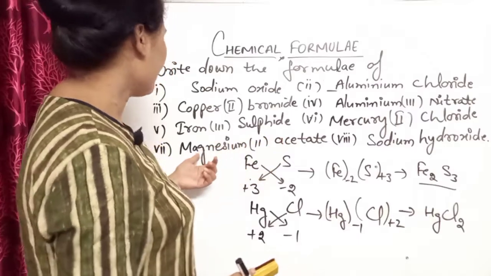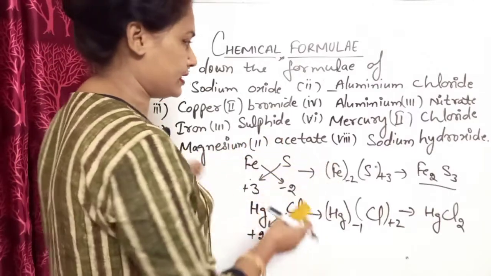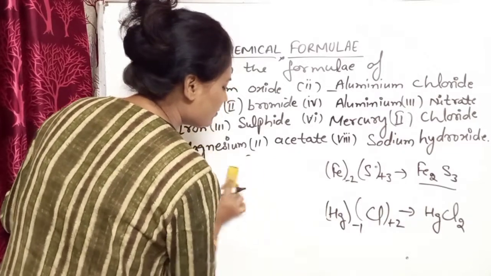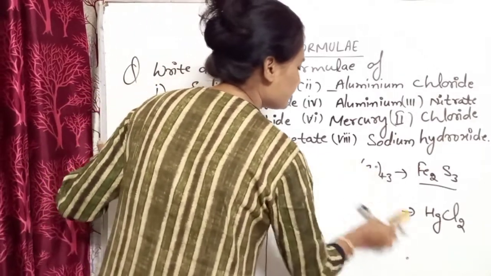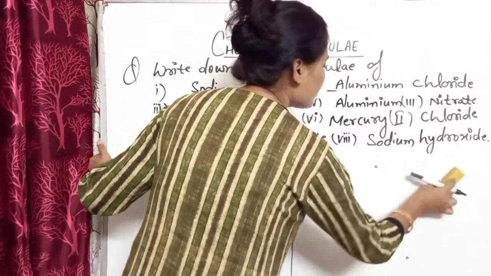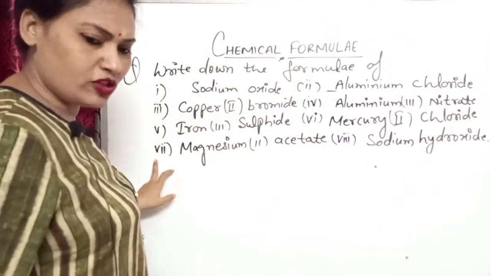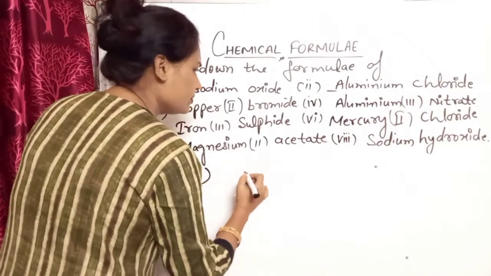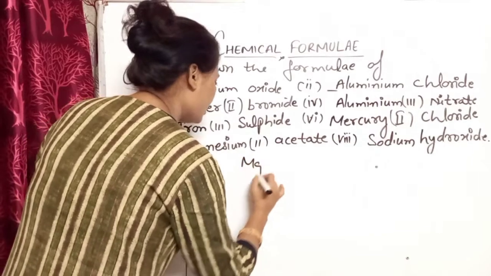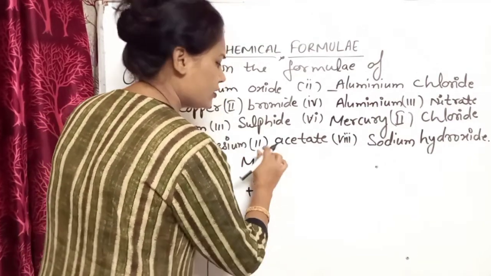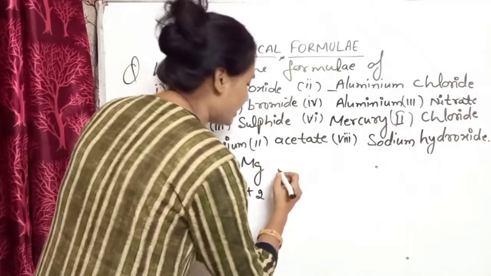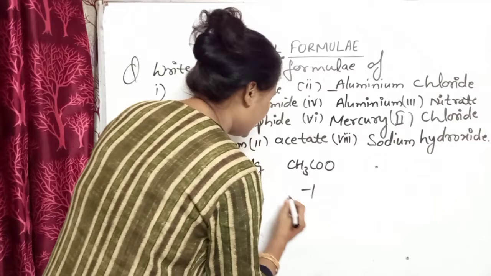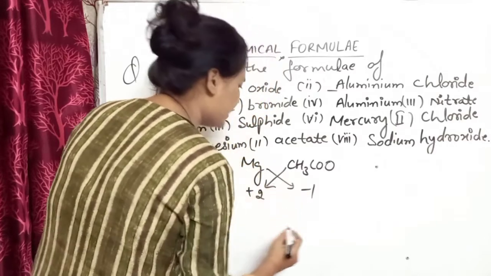Now next is magnesium(II) acetate. You can write the formula for this. This is the 7th formula. Magnesium means Mg, +2 valency, and acetate is CH3COO, -1 valency. Now cross the valency.